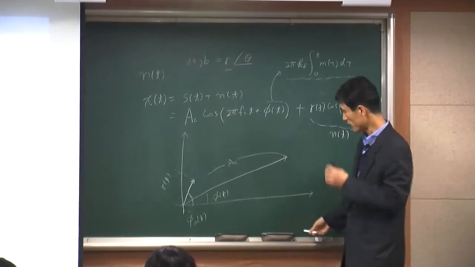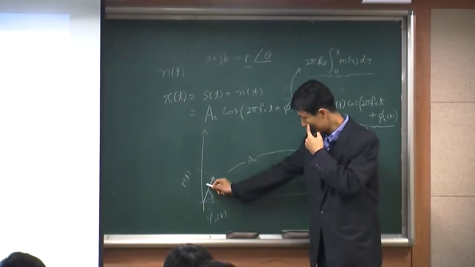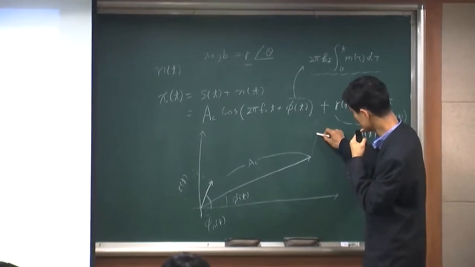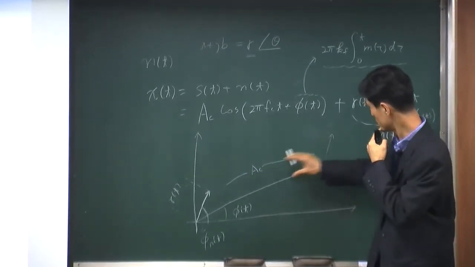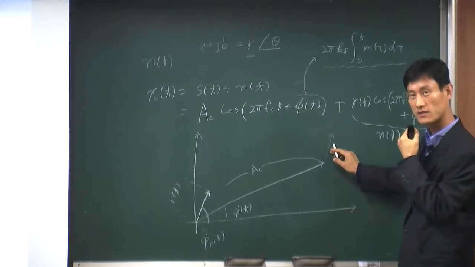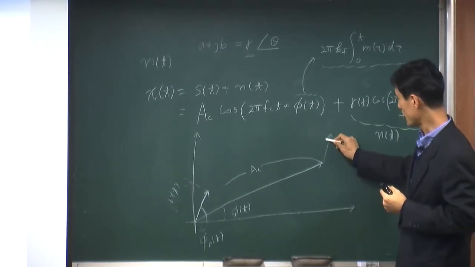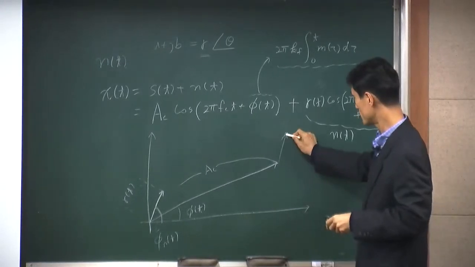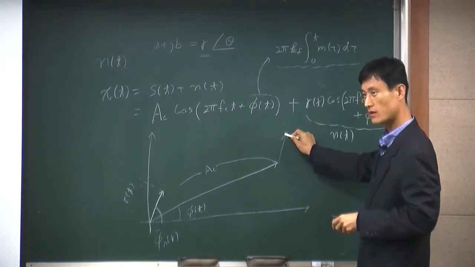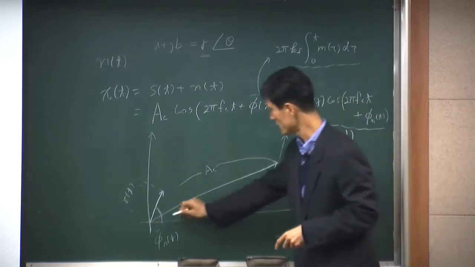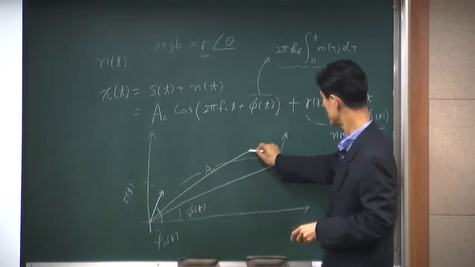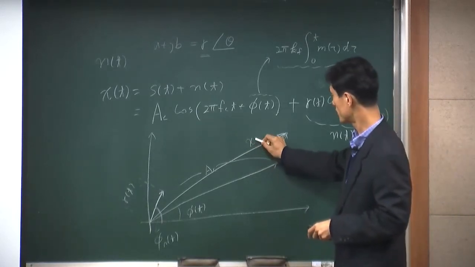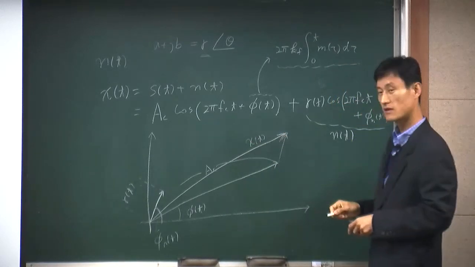When you add these two vectors, how to do that is move the second vector to the end of the first vector like this. Shift that here, right? That's how to add. So eventually the output, when you add these two vectors, is going to be this point. So what is xt? xt is from here to this. That's the addition of these two vectors, xt.